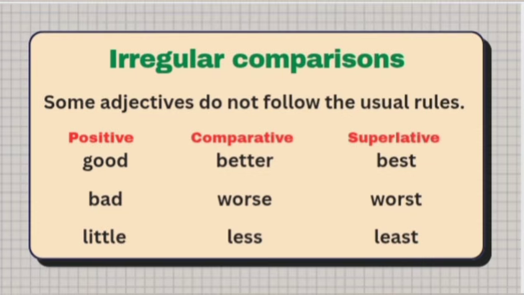See, good, better, best. We do not say good, gooder, or more good, most good. We never do it in that manner following the rules. Good, better, best. Bad, worse, worst. Little, less, least. So there are more. So these are irregular comparisons which do not follow the rules.